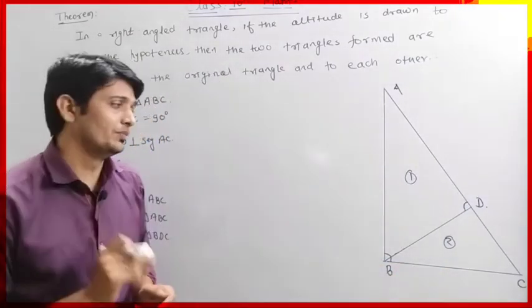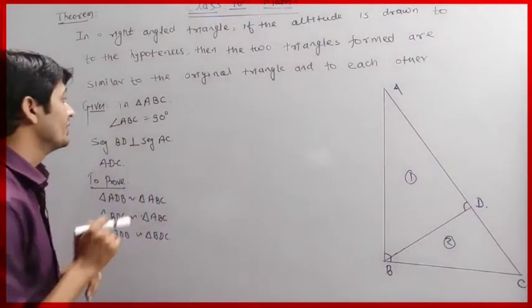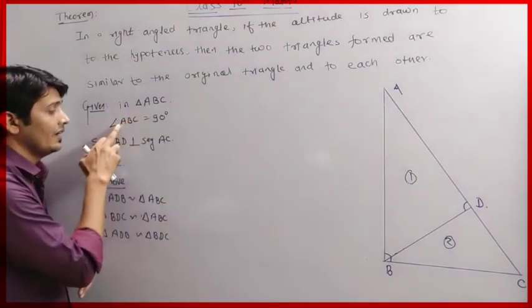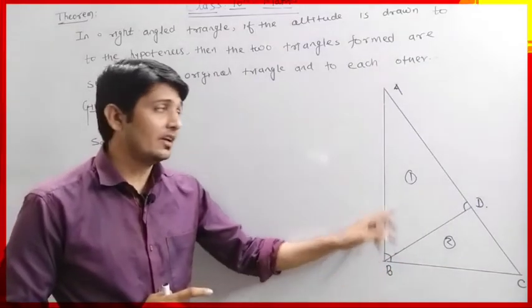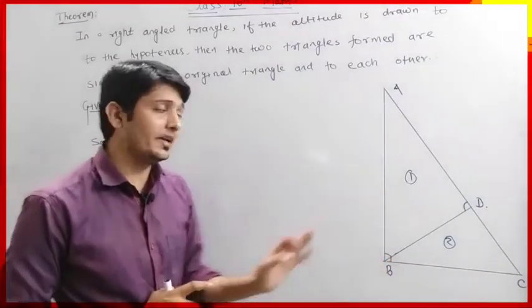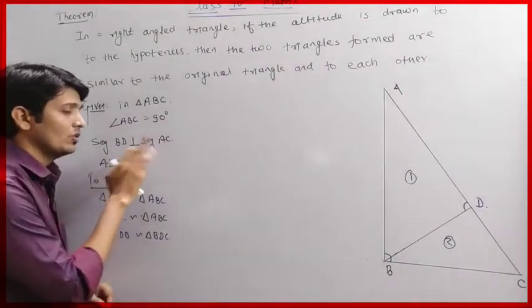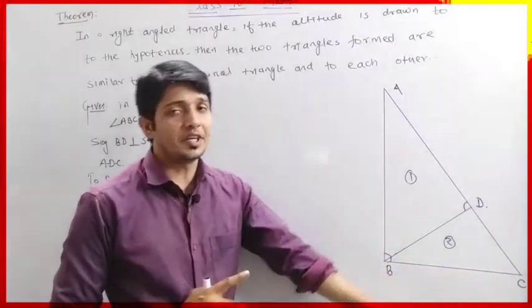Okay, so we have to write the given part first. What is given? Given is that in triangle ABC, angle ABC is 90 degrees. We are discussing this triangle. Then segment BD is perpendicular to segment AC.